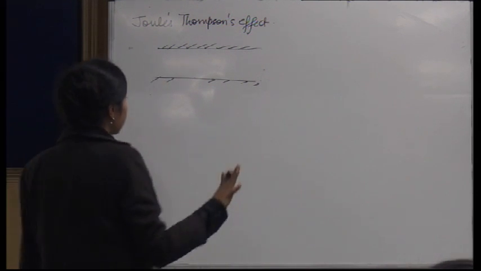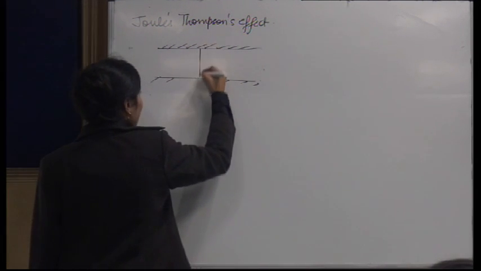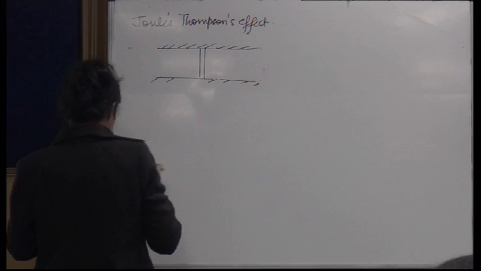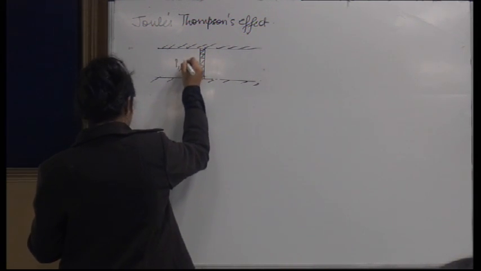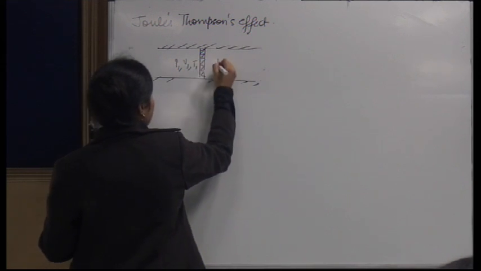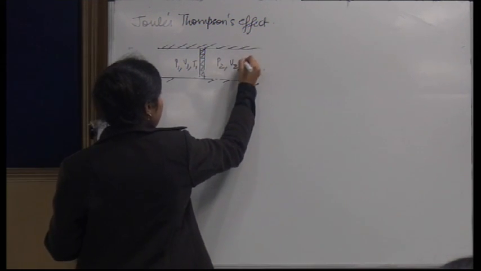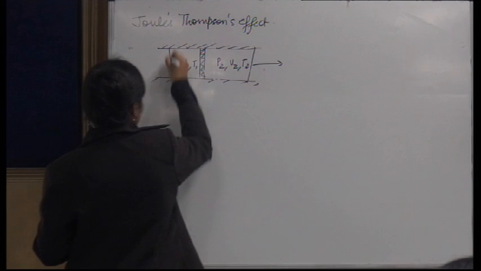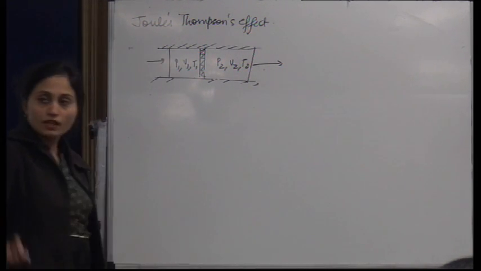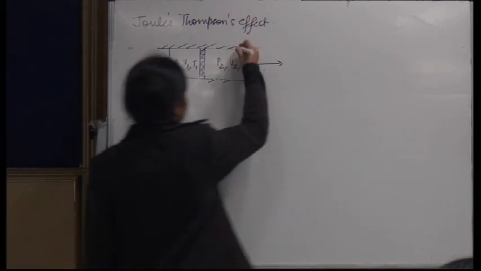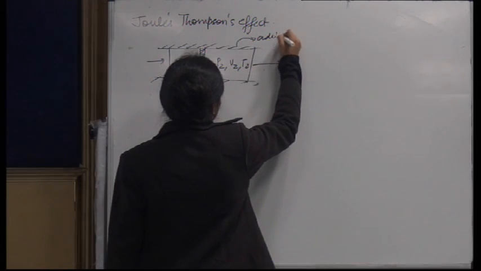So in that case dq will be equal to 0, and again we put some demarcation between the two systems. Say this system is at P1, V1 and T1, and this system is at P2, V2 and T2. Just understand this, because from the entrance point of view you just need to know how the system works. These are the adiabatic walls.